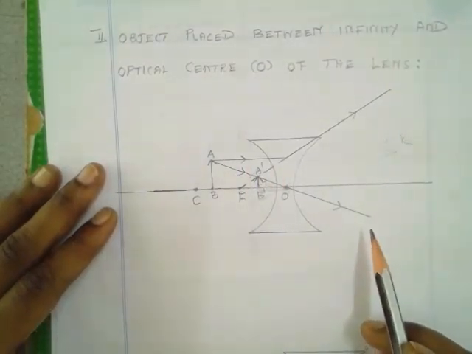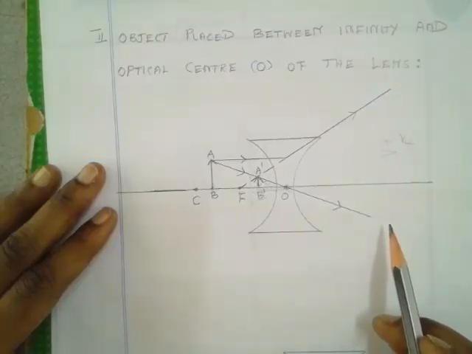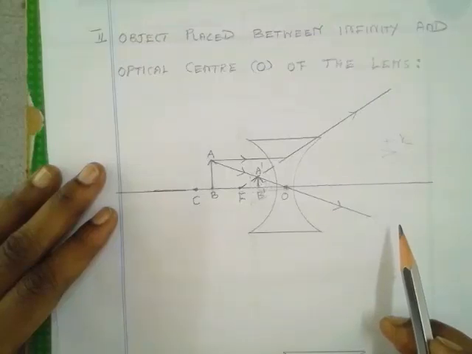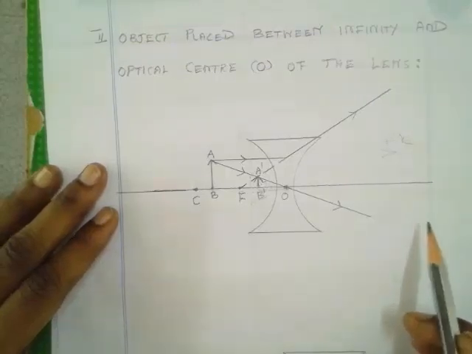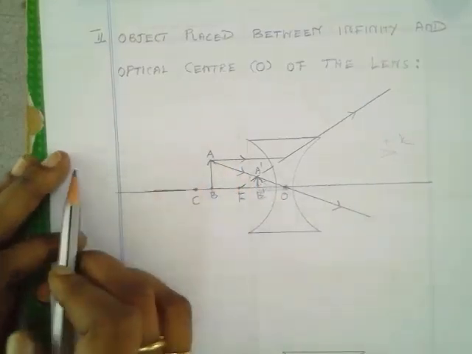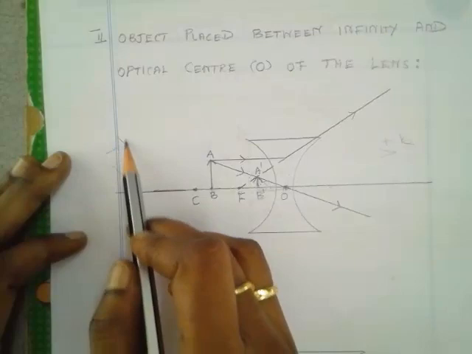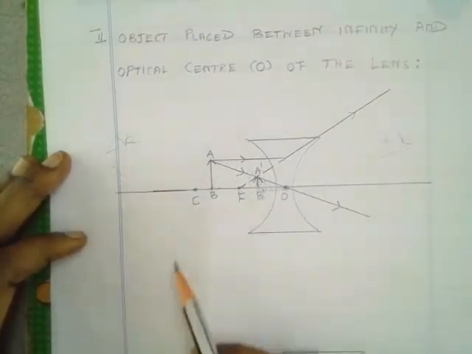And the distances measured against the direction of the incident ray are taken as negative. Against the direction of the incident ray, meaning opposite to it, is considered negative.